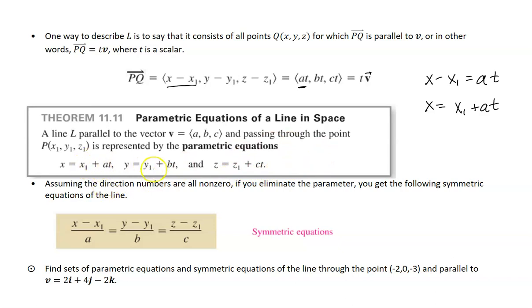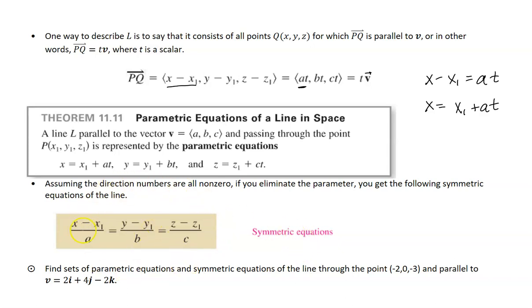And of course, the x1, y1, z1 come from the point P, and the a, b, and c come from the direction vector v. Now, assuming that all the direction numbers are non-zero, if you eliminate the parameter t, and solve for t, you can then set those three versions of t equal to each other and get what's called the symmetric equations for a line.